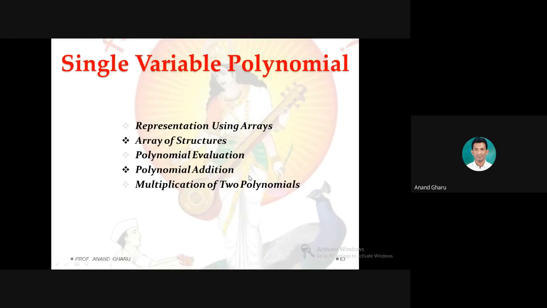These are the types of operations: we can represent a polynomial using an array, you can evaluate the polynomial, which means calculate the polynomial, you can perform the addition between two polynomials, and you can perform the multiplication between two polynomials.